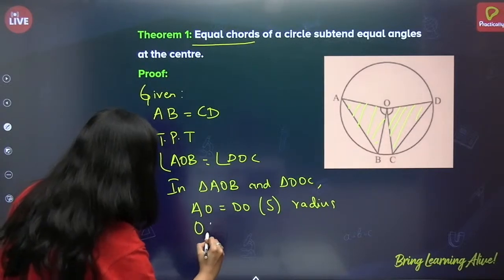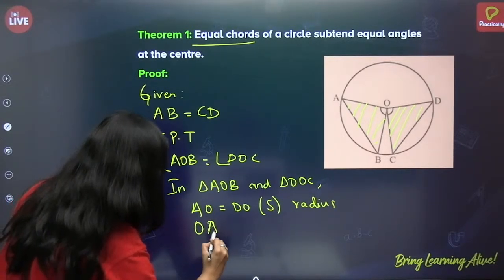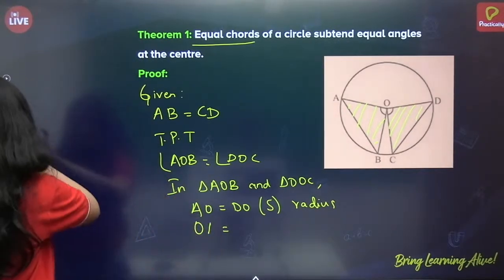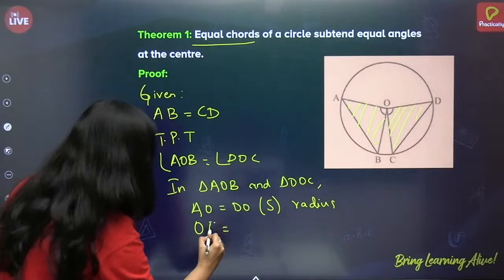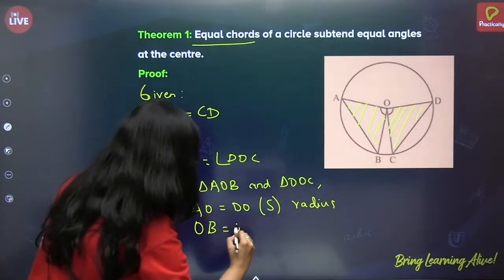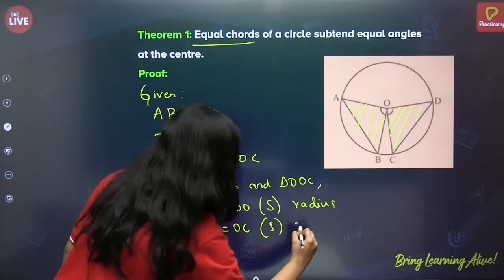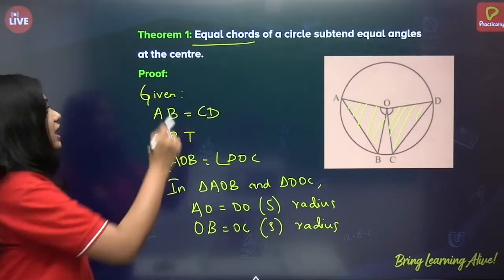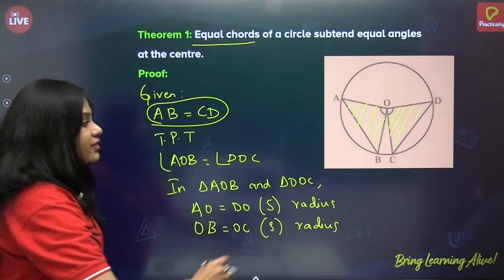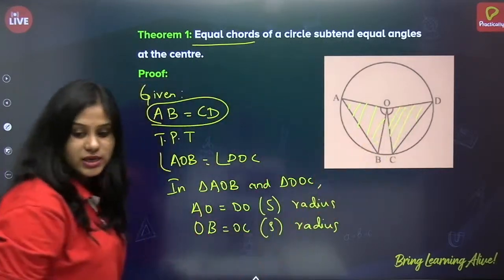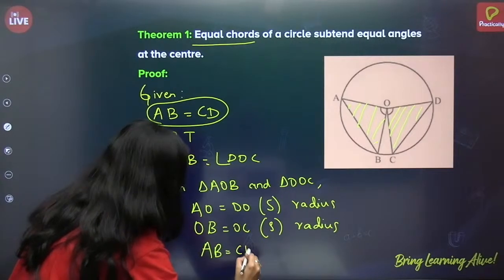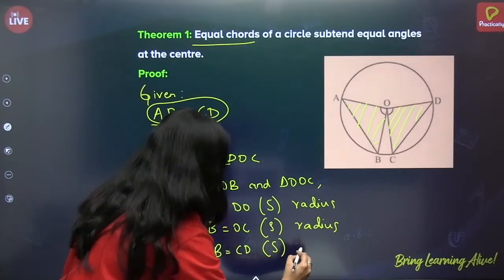So OB is equal to OC. Side, it is also the radius. And we are also given that chords are equal. That is AB is equal to CD, which is also a side and it is given.